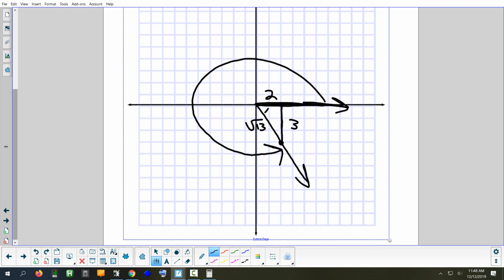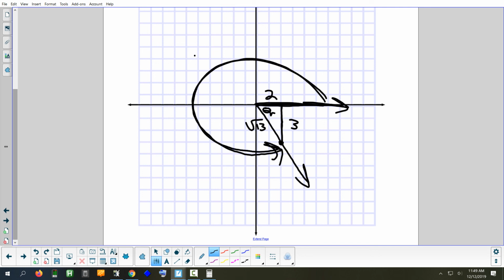Here's your reference angle. Right there. Okay. So let's call that theta sub r. That's my reference angle. Let's call this whole thing theta. So let's find the reference angle.